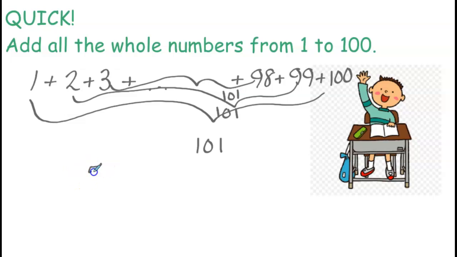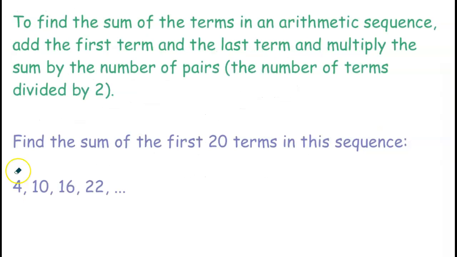So we have 50 pairs, each with a sum of 101. So a very nice shortcut to solve this problem is just to do 50 times 101 and arrive at an answer of 5050.